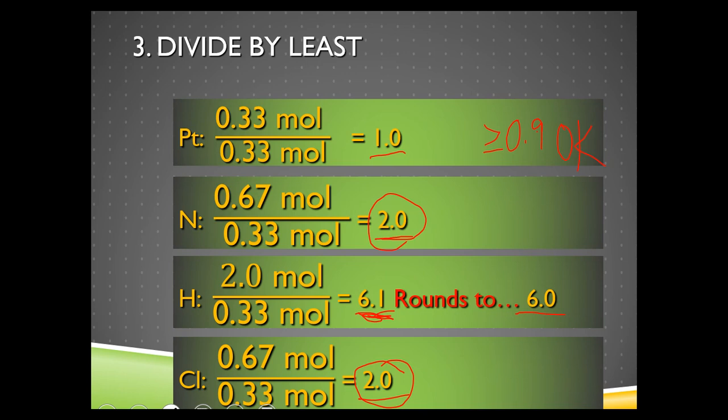If it is less than or equal to 0.1, that is also okay to round. Anything in between that, so 0.2, 0.3, 0.4, 0.5, and so on up until 0.9, you cannot round and you must multiply until whole.